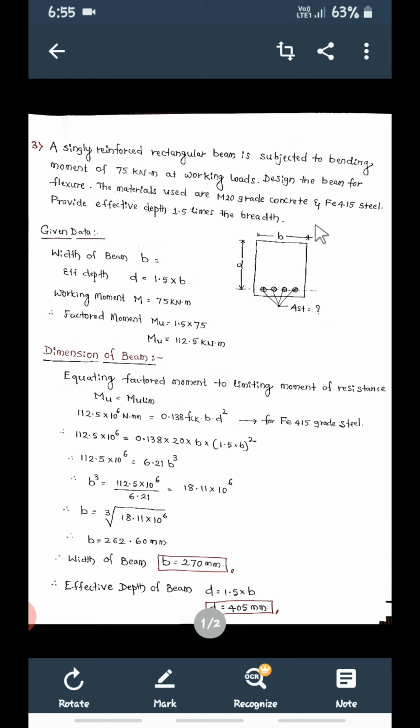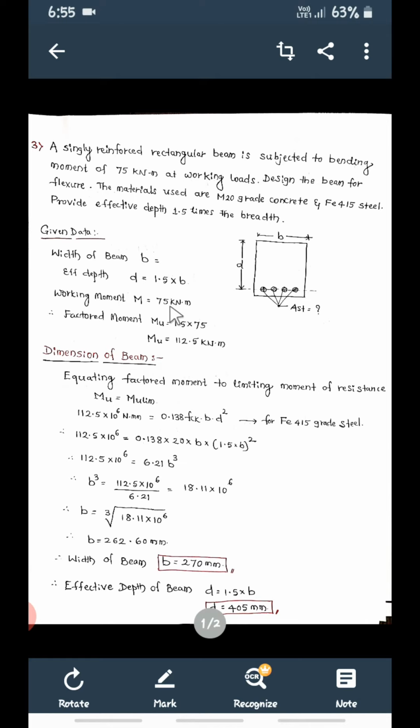But the condition given is what? Provide effective depth, that is small d, equal to 1.5 times the breadth. Width of beam b is equal to, write down as it is, we have to calculate. Then effective depth small d is equal to 1.5 times of b, 1.5 times the width of beam. Then working moment is 75 kilonewton meter.